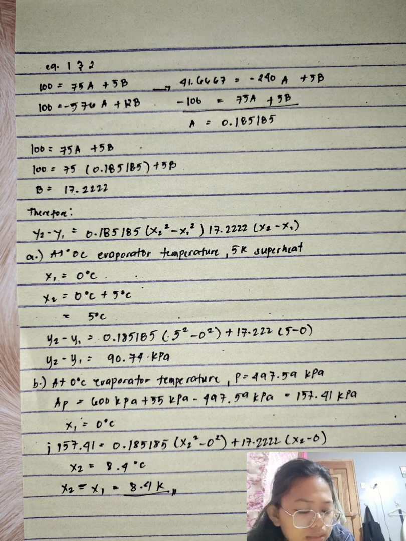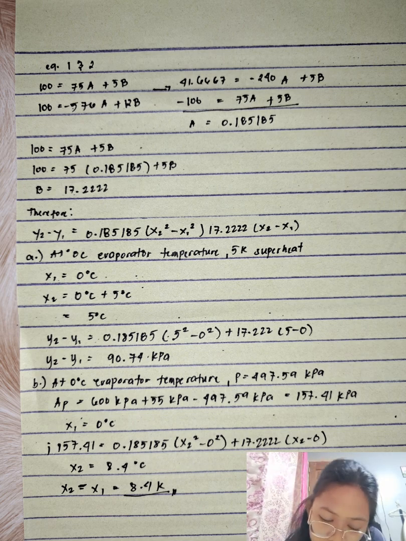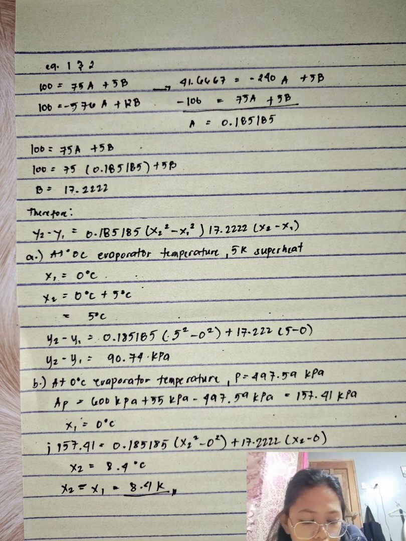X sub 1 at 0 degrees Celsius: 157.41 is equal to 0.185185 multiplied by x sub 2 squared minus 0 squared, plus 17.222 multiplied by x sub 2 minus 0, and x sub 2 is equal to 8.4 degrees Celsius, and the answer is 8.4 K.